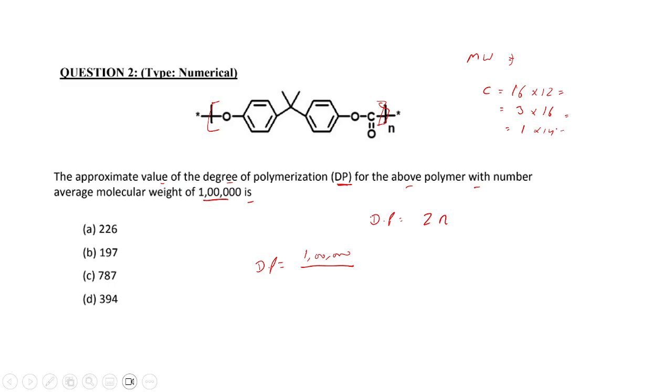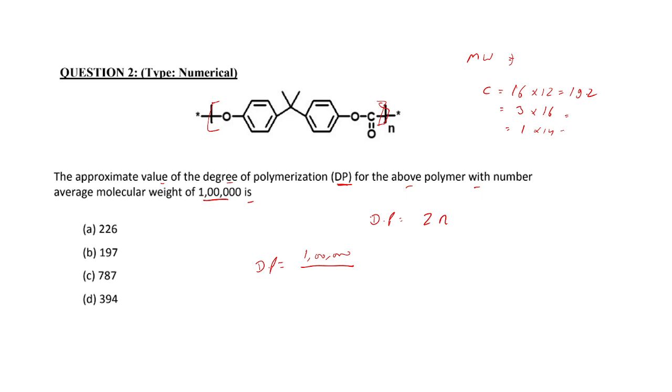Okay, so according to that, we can find out the molecular weight. Let me use just a minute. So 16 into 12 is equal to 192.